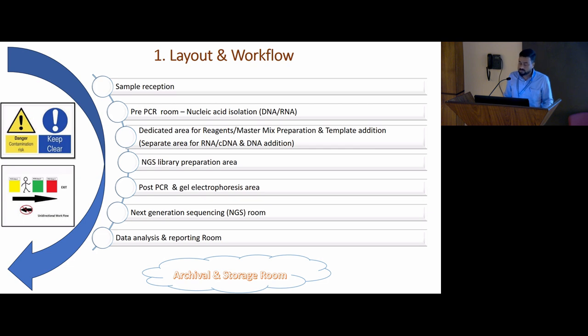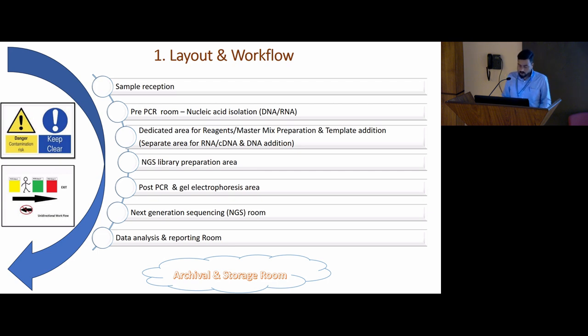It is also required to have a dedicated area for reagent and master mix preparation and template addition. For example, for RNA and cDNA additions we have a different hood, and for DNA addition we have a separate area. That has to be maintained to avoid contamination.